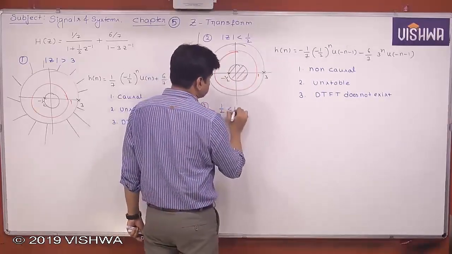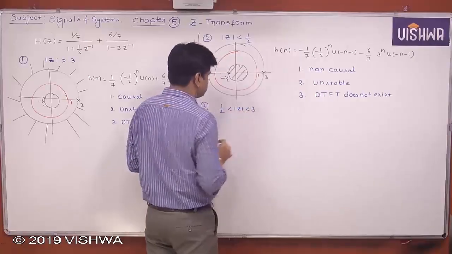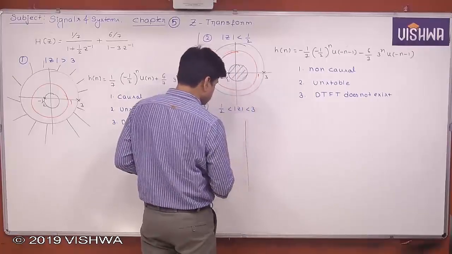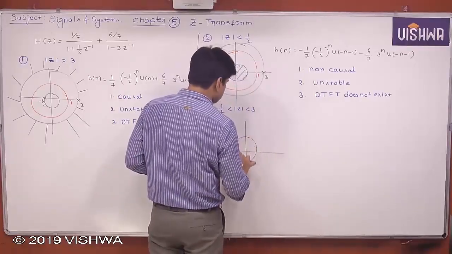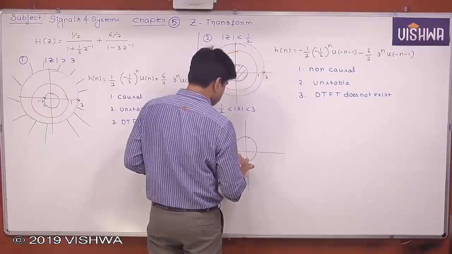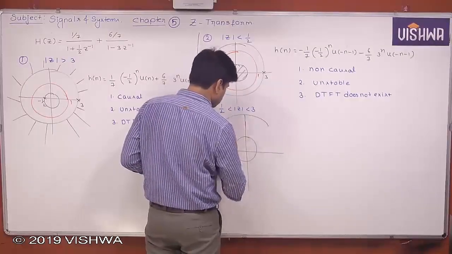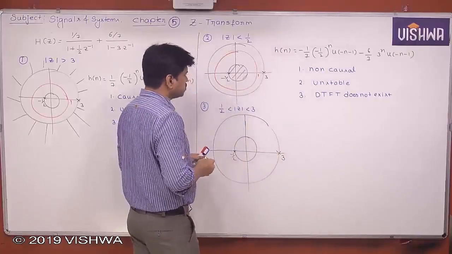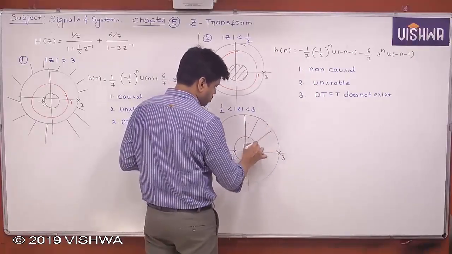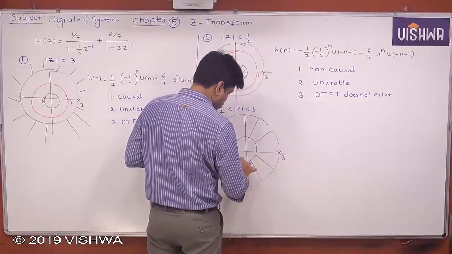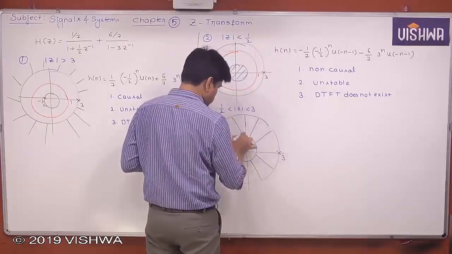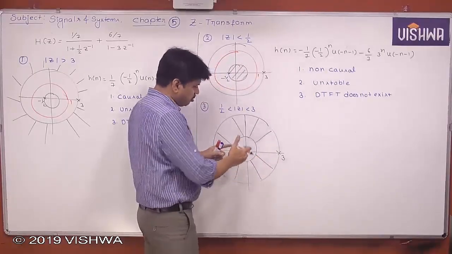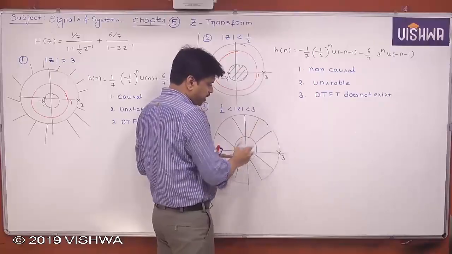1 by 2 less than mod z less than 3. So this is the ROC, in between ROC. With this ROC, for the pole at minus 1 by 2 we have to write a right side signal.